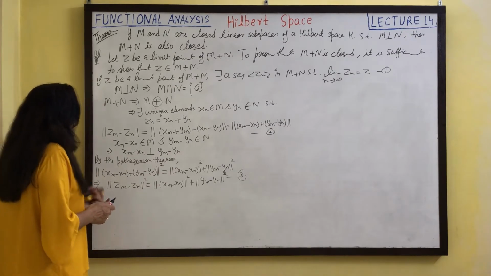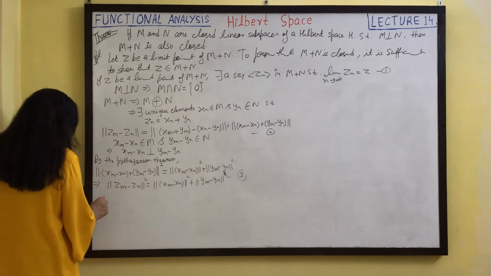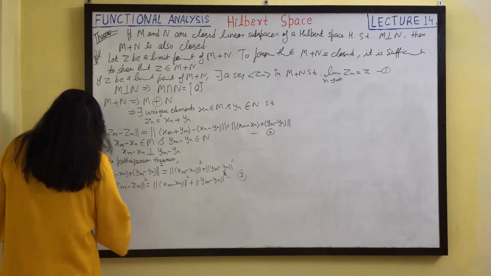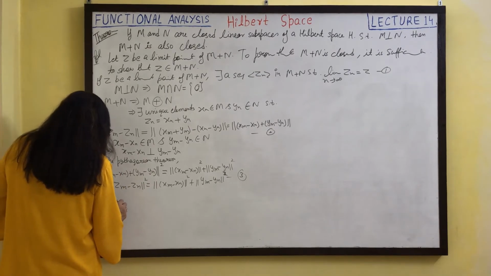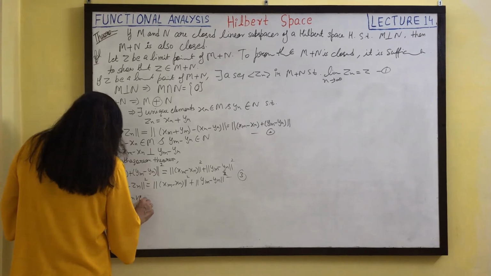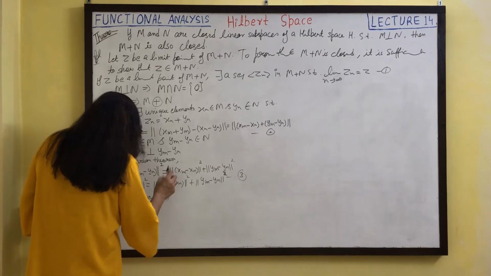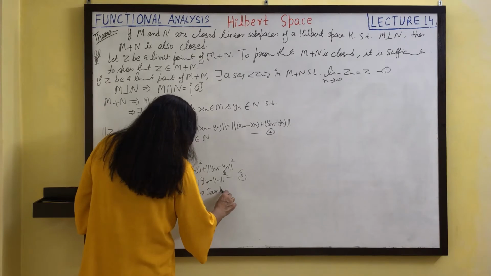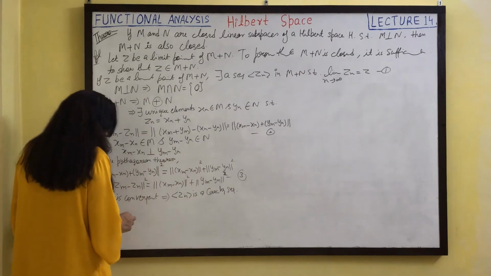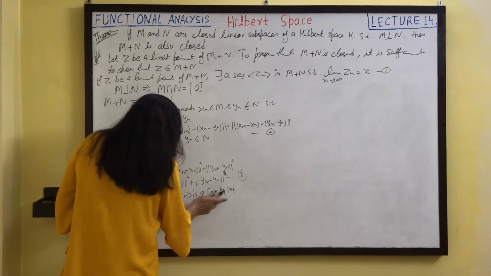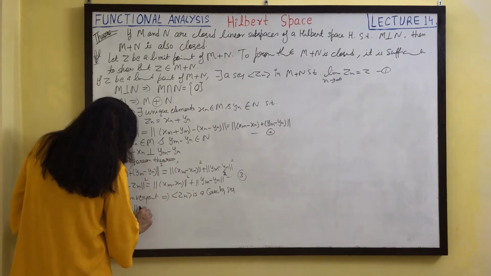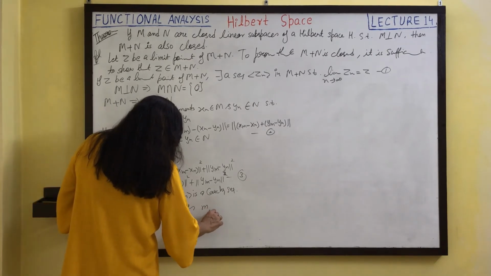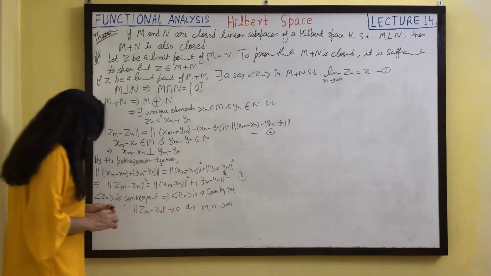Now we know that Zn is a convergent sequence. So this implies this sequence is a Cauchy sequence, and therefore if Zn is a Cauchy sequence, then norm of Zm minus Zn tends to 0 as m, n tend to infinity.